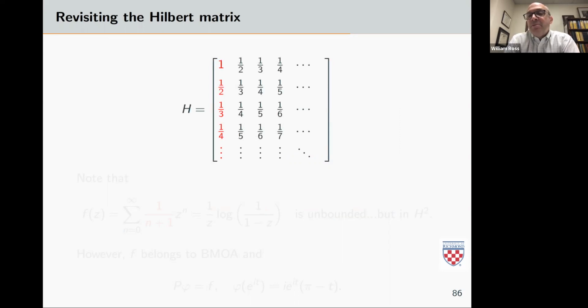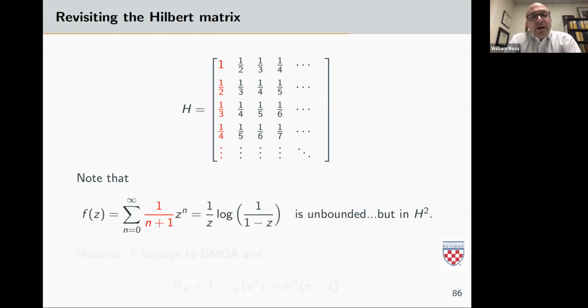All right, so let's revisit the Hilbert matrix. Again, this is a special example of a Hankel operator. We looked at these entries, the first column. The function that you get by making those the power series coefficients of a function, if I've done my calc 2 right, is 1 over z times the logarithm of 1 over 1 minus z.